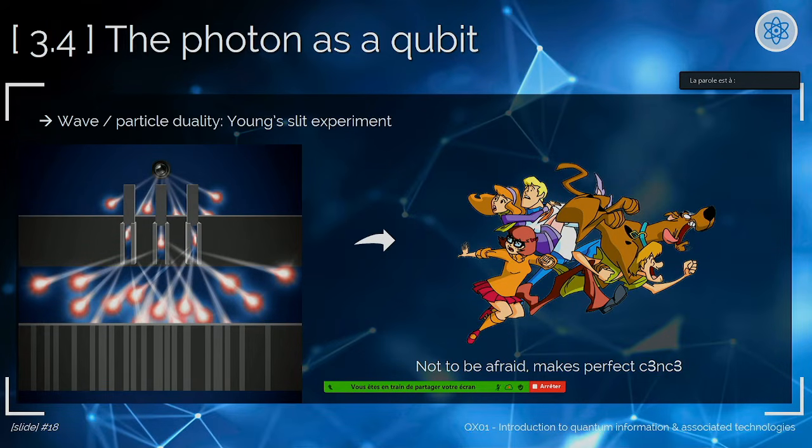You would have the same if you use sound. Now the real question is, what happens if I attenuate the light enough to send one photon at a time? Okay, and what you can show is you have similar behavior, in the sense that all the photons somehow will end up in this particular interference pattern when you do the experiment many, many times.